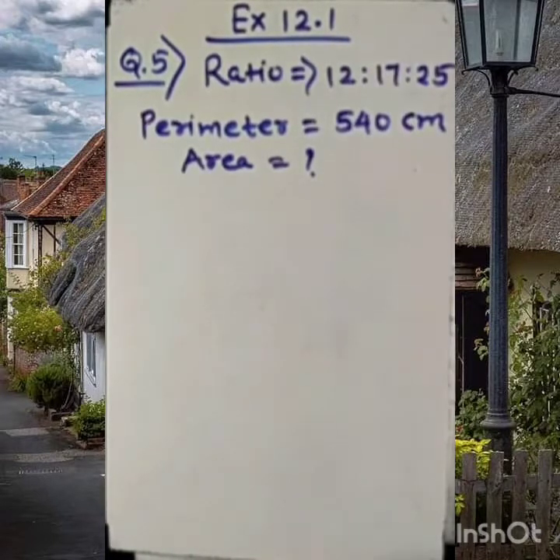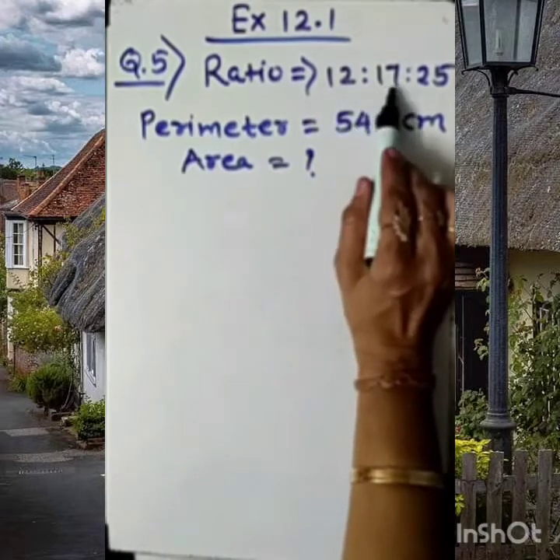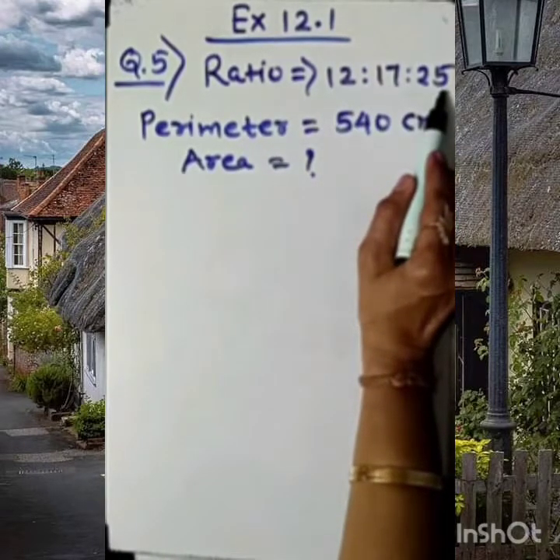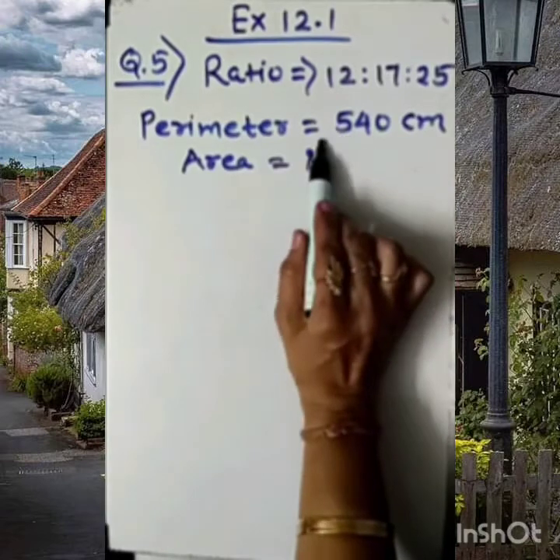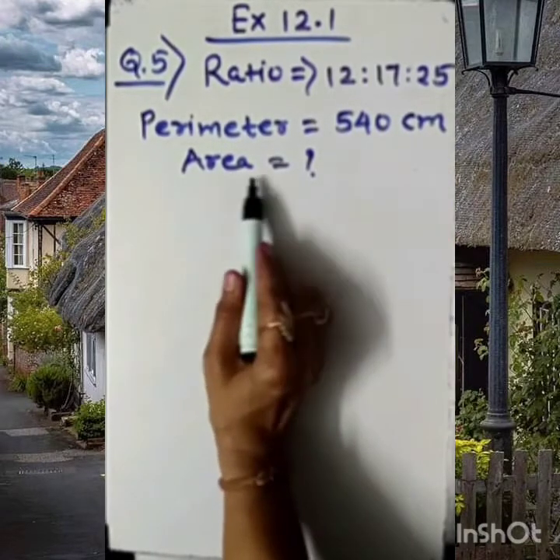So here in short, I have mentioned, you can see on your screen, the ratio we are given is 12 is to 17 is to 25, and the perimeter is 540 centimeter. We need to find the area.